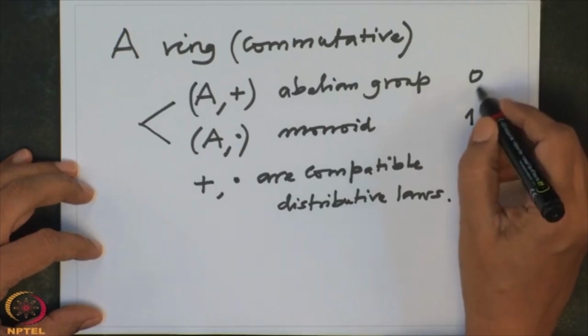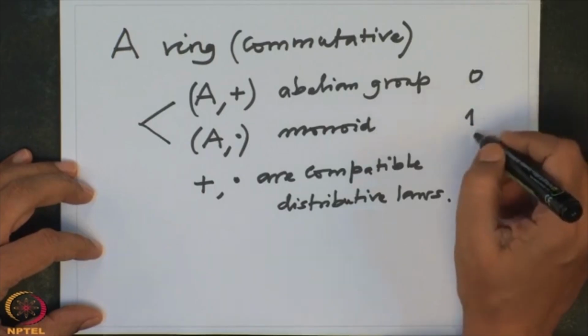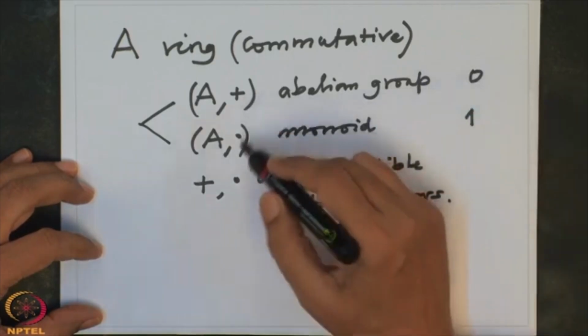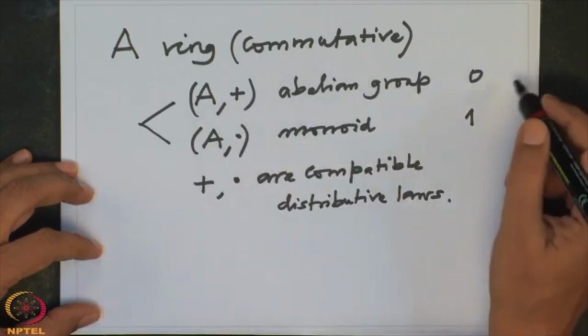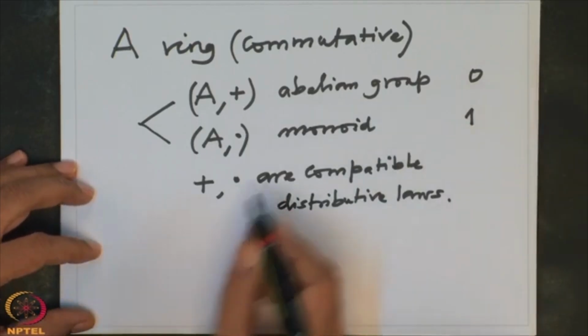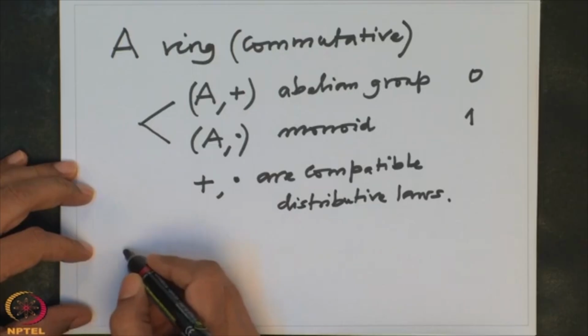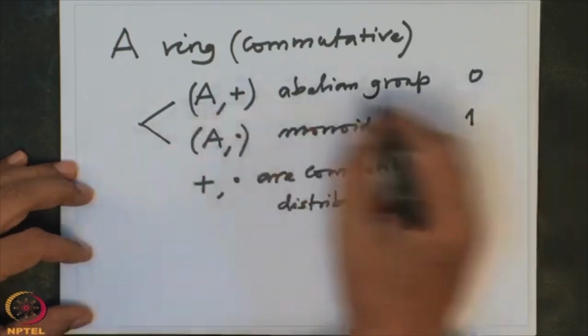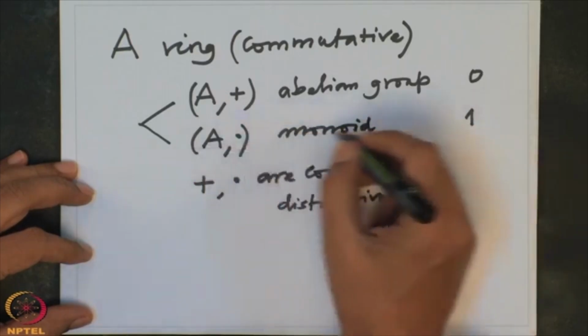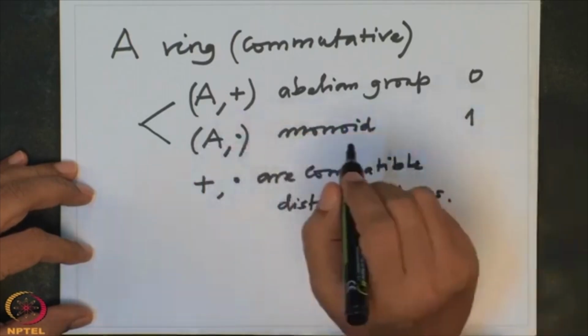I am not going to make a fuss to write 0_A and 1_A. They are the identity elements with respect to the respective binary operations in A. Now, in this monoid A with dot, some elements are invertible and some elements are not invertible.